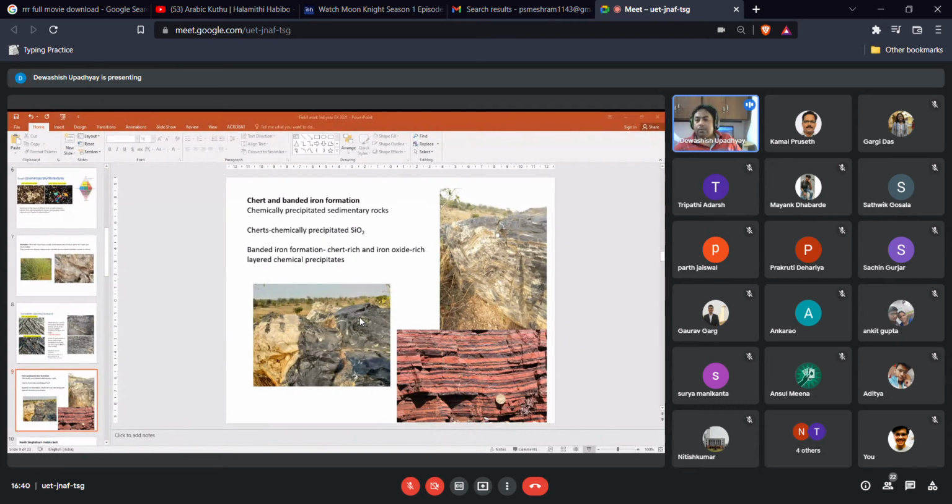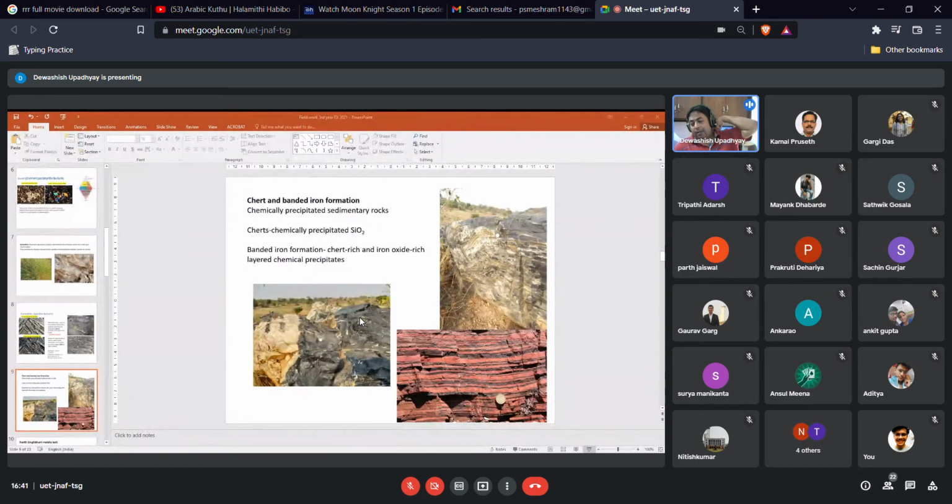These iron oxides are also chemical precipitates. So this kind of rock, where you have alternate chert-rich and iron oxide-rich layers, the iron oxides now being mostly magnetite or hematite, it's still not clear what they were originally when they were deposited. This kind of rock is referred to as a banded iron formation, or BIF.